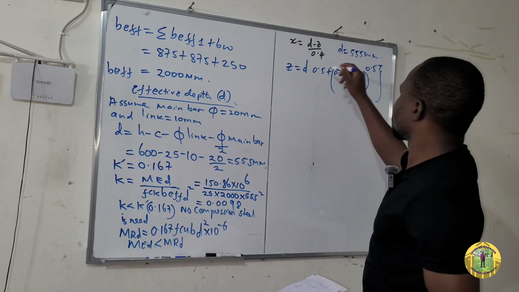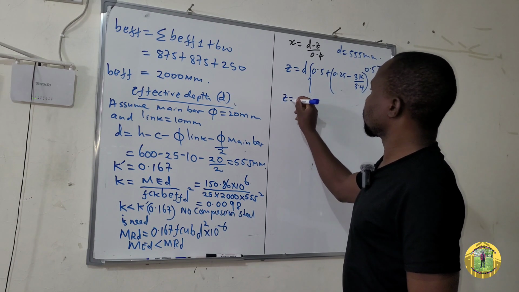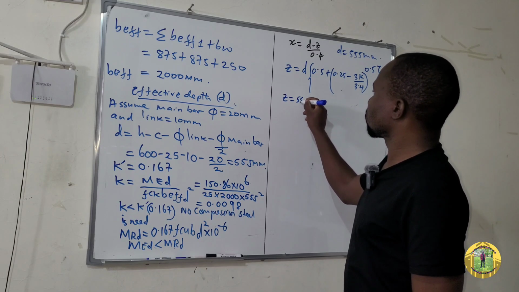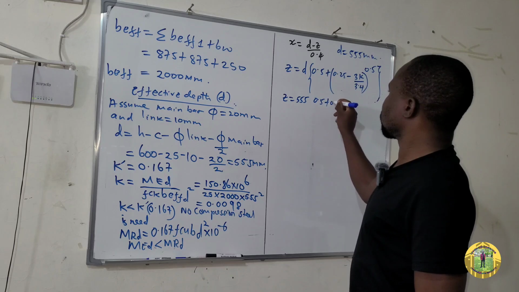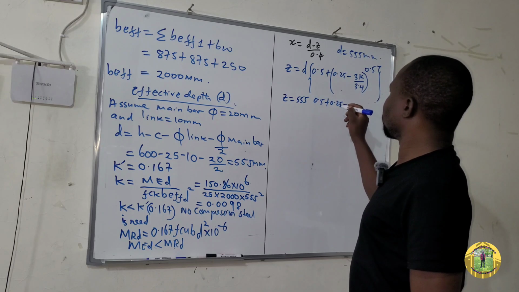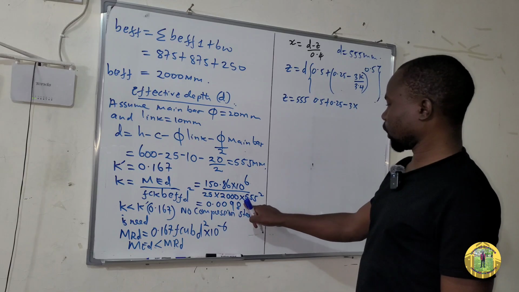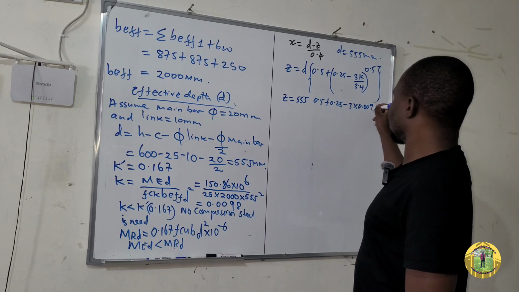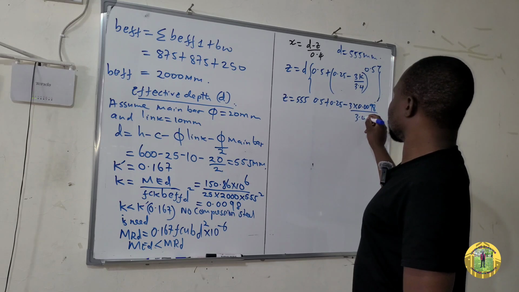So Z is equal to D, which is 555, times 0.5 plus 0.25 minus 3 times K. K is here, 0.0098 all over 3.4.